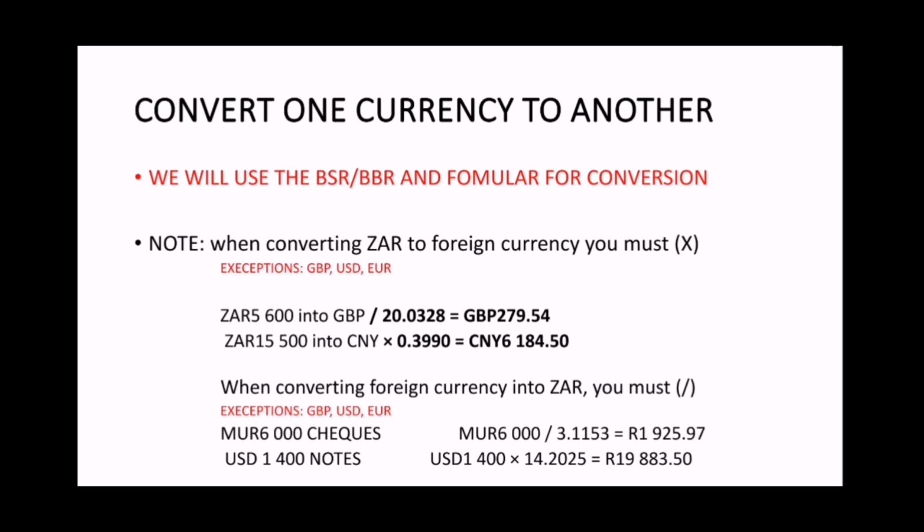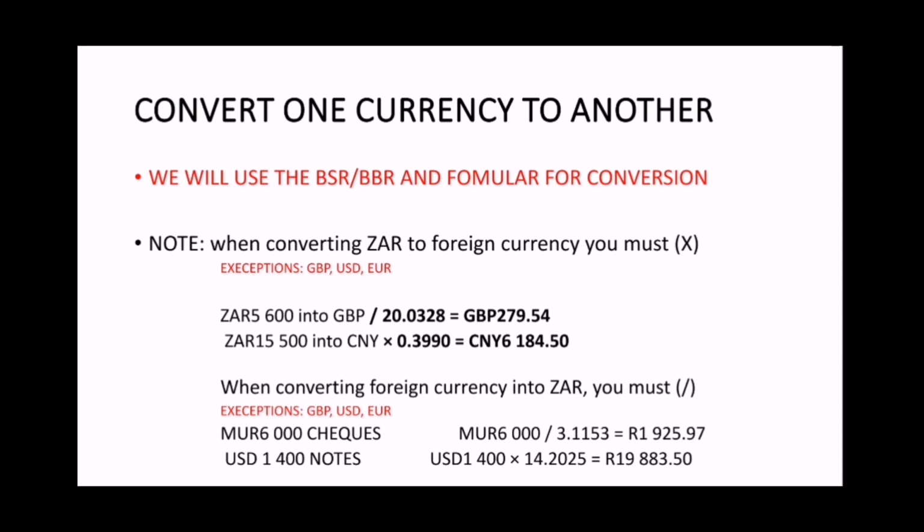For the sake of this example, let's just say we went and checked the ROE table. In the activity, we will go through how to check the ROE table properly. So you divide the amount, 5,600, by the bank selling rate, and then it gives us 279 British pounds and a few cents.